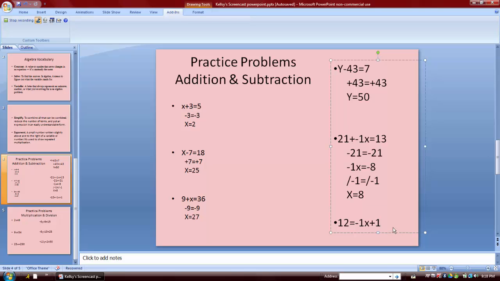This one's pretty much the same thing, so I will just do this.